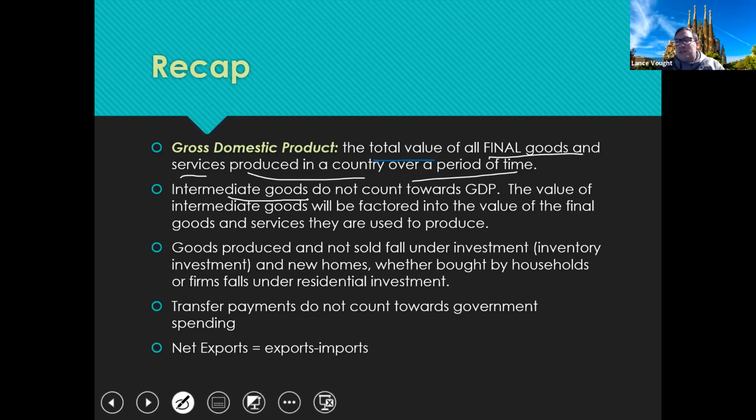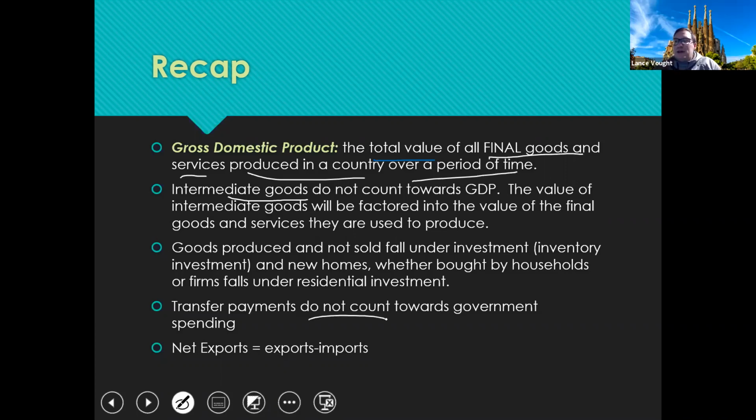Goods that are produced and not yet sold, again, fall under that inventory category. And then new homes, even though some of them might be built by individual households, which you might think is consumption, so we don't have to chase down who and why people are building the house. We just group all new home production as residential investment, whether it's done by a private person or a private family or by a developer.